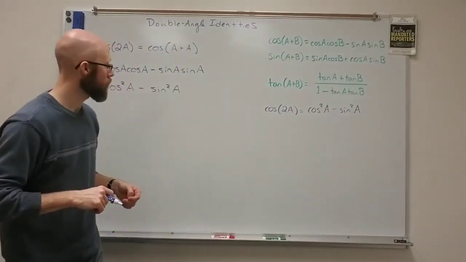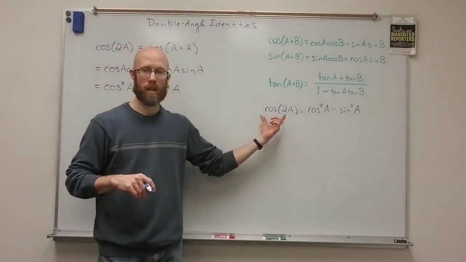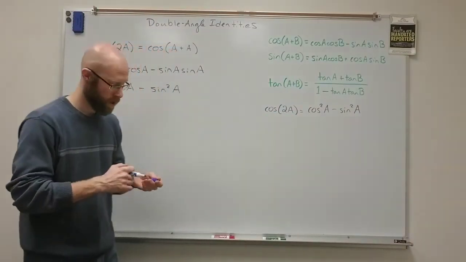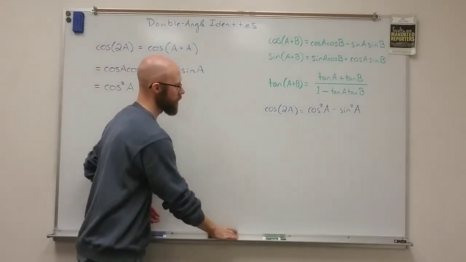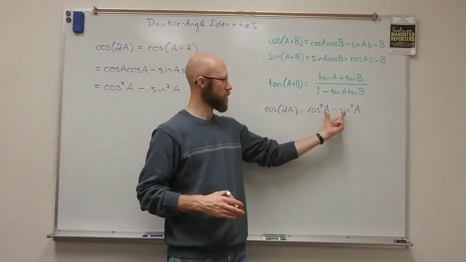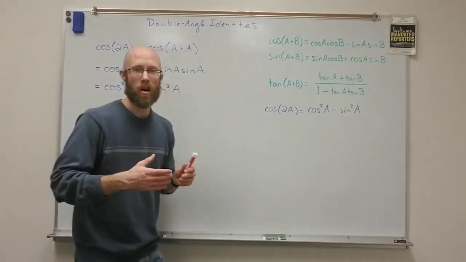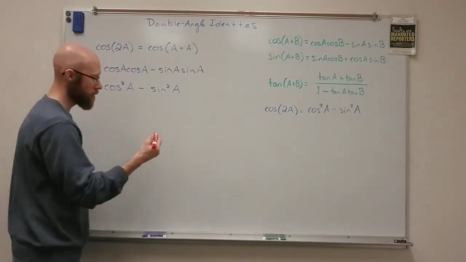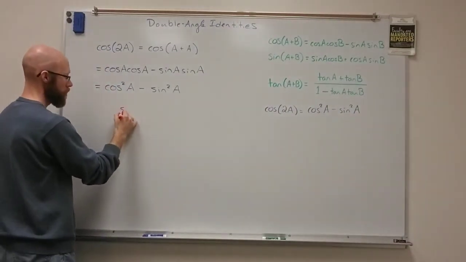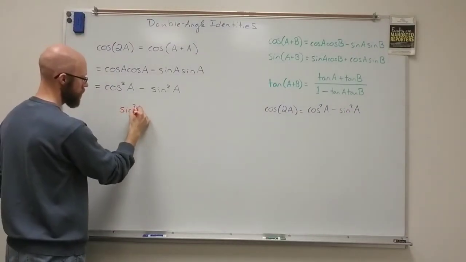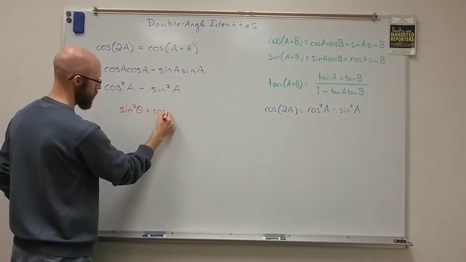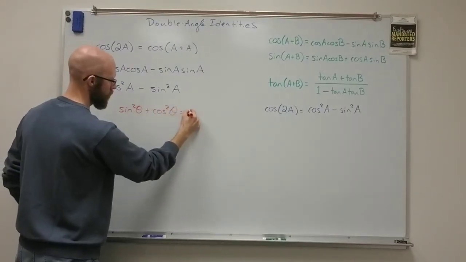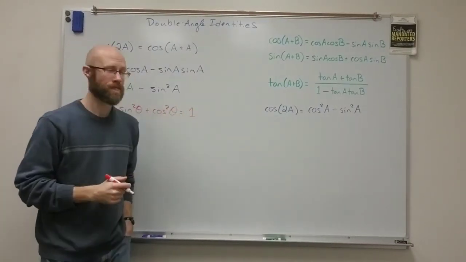We can actually construct a couple of other formulas for this because we also know the Pythagorean identity. Notice that we've got cosine squared and sine squared in here. We also have seen when we studied fundamental identities that the sine squared of theta plus the cosine squared of theta is equal to 1.